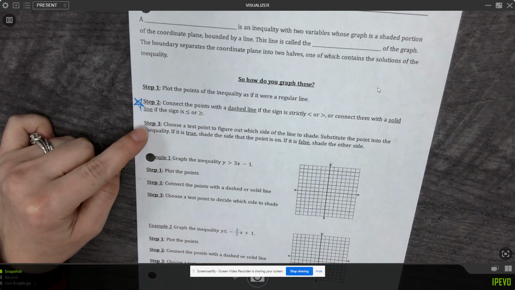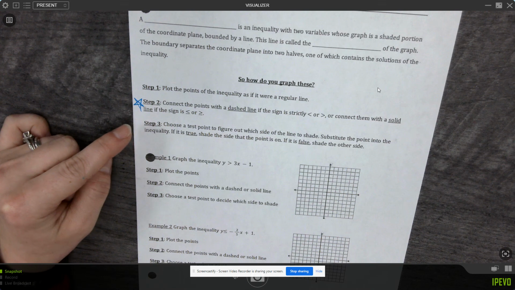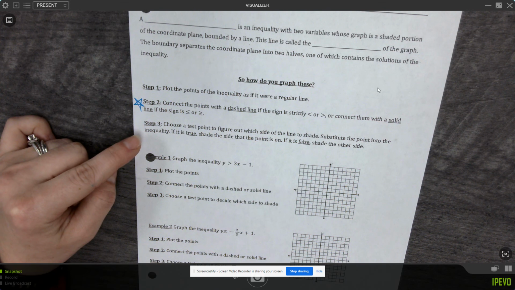Then we're going to choose a test point to figure out where to shade. I'll show you that in the example. Your test point can be any point you want that is not on the line, because the whole point of your test point is to see which side of the line to shade. If you're on your line, you're not going to know what side to shade because you've just tested the line itself.